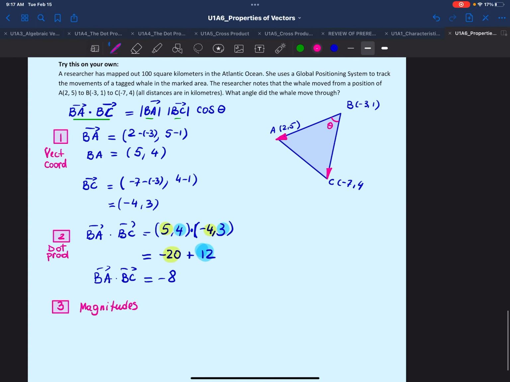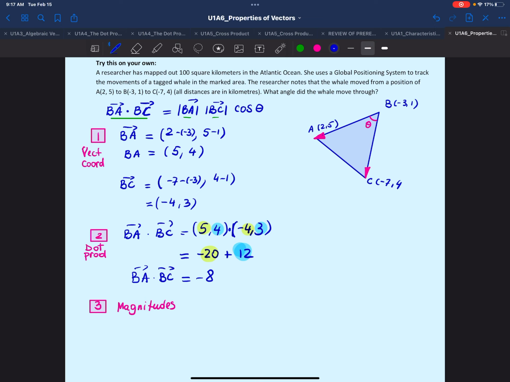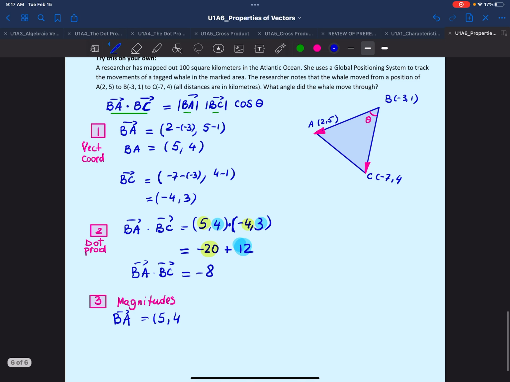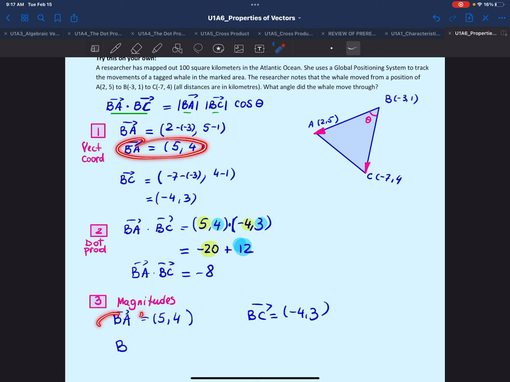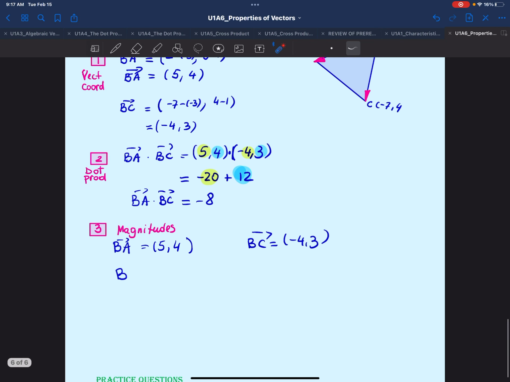And for magnitudes, obviously, we'll refer to the coordinates of each vector. We have vector BA with coordinates 5 and 4. Forgot the vector symbol here. And vector BC, I'll write it here, with coordinates negative 4 and 3. Okay, so by the way, BA 5, 4, and then BC negative 4, 3. That's where we get the numbers from.